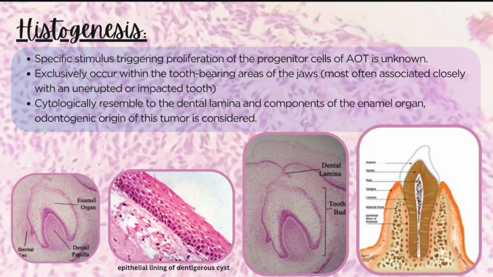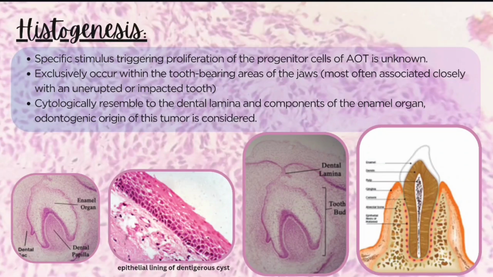For histogenesis, the specific stimulus triggering proliferation of the progenitor cells of AOT is unknown. We don't know how the stimulus affects the proliferation of progenitor cells. The lesion exclusively occurs within the tooth-bearing areas of the jaws, most often associated closely with unerupted or impacted tooth. Cytologically, it resembles dental lamina and components of enamel organ.